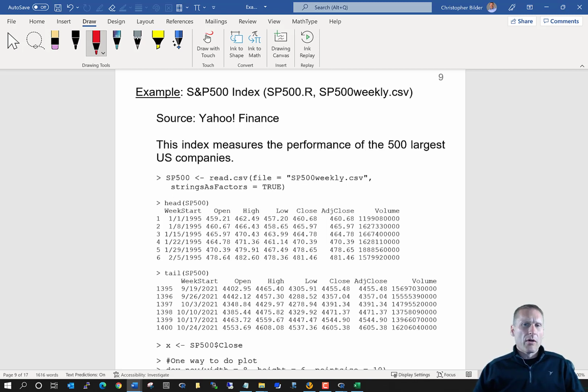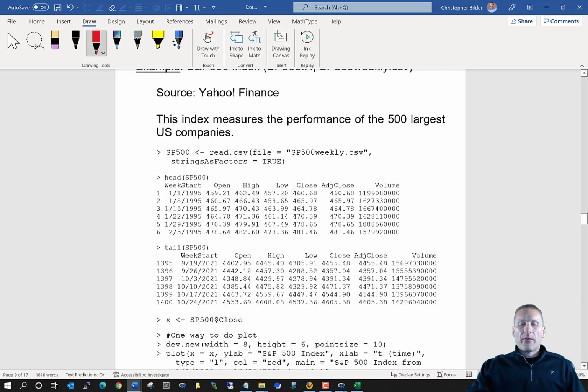Rather than focus on one particular stock, we are going to focus on a financial index. This is the S&P 500 index. If you're not familiar with it, basically it represents a measurement of how, in terms of stock price, the 500 largest companies in the U.S. are doing.